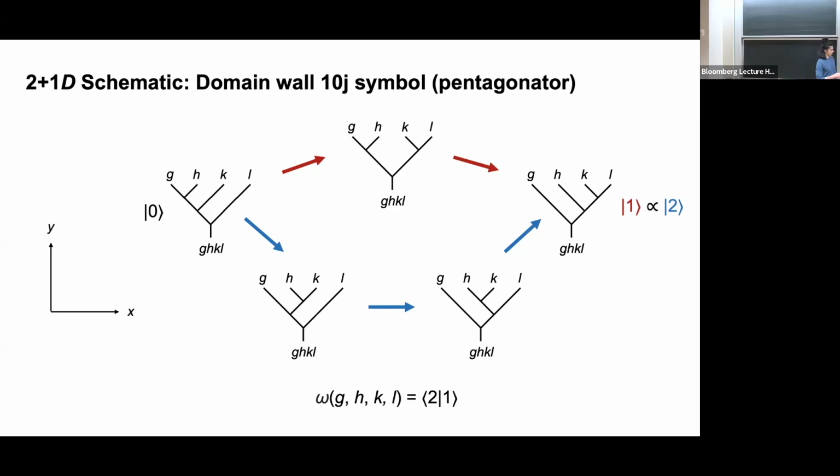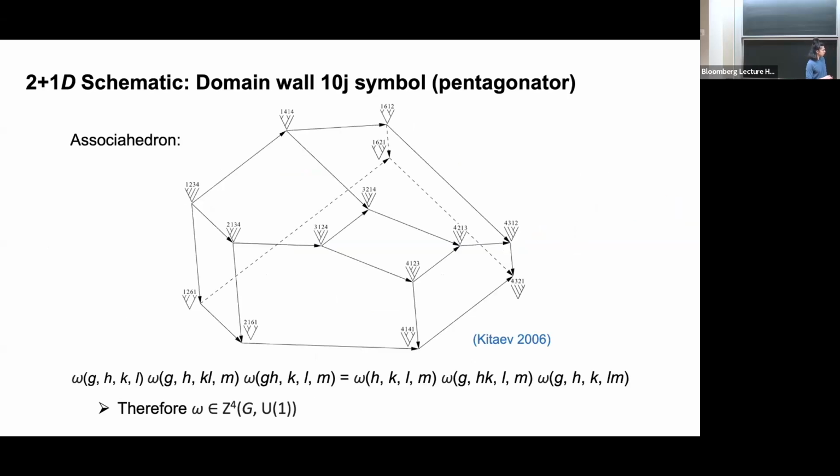Right, so first I want to explain why the omega defined in this way satisfies the 4-cocycle condition. The basic idea is to look at the associahedron. The associahedron is the generalization of a pentagon up one dimension. In fact, the pentagon itself is an associahedron in 2 dimensions.